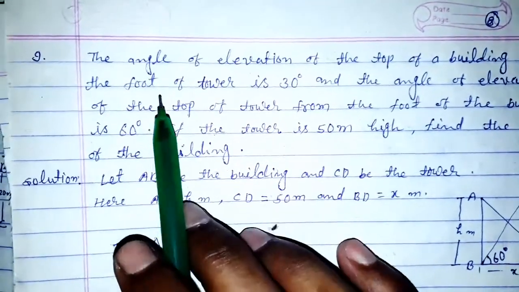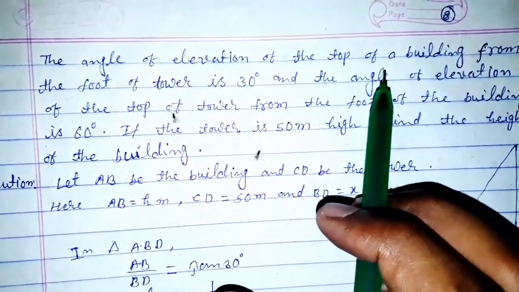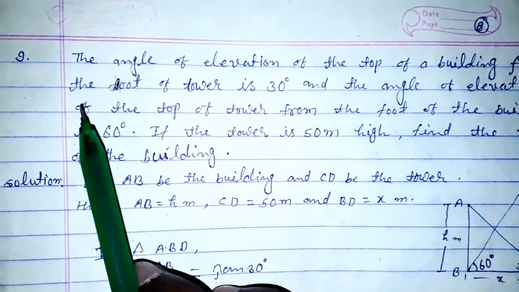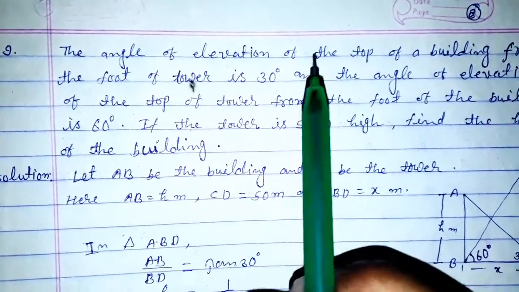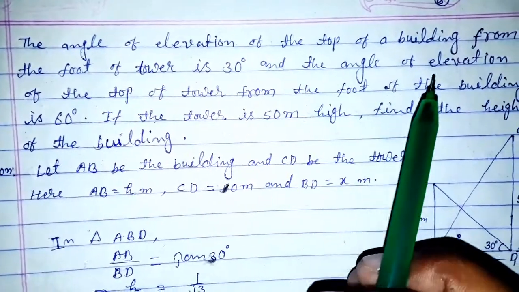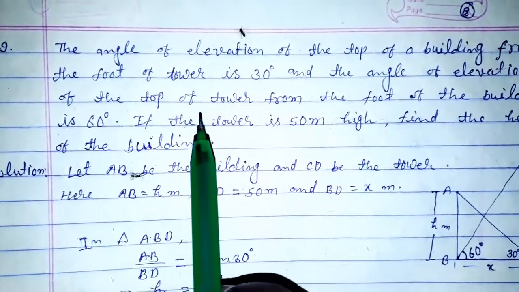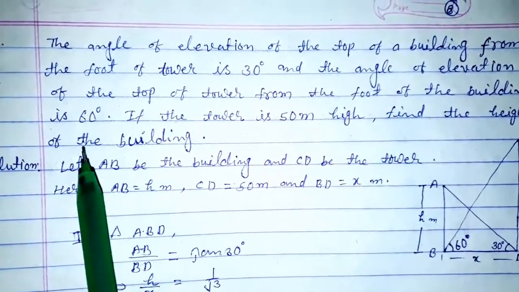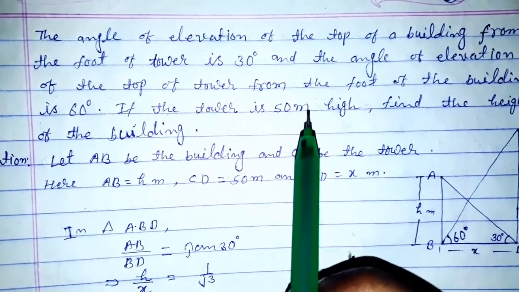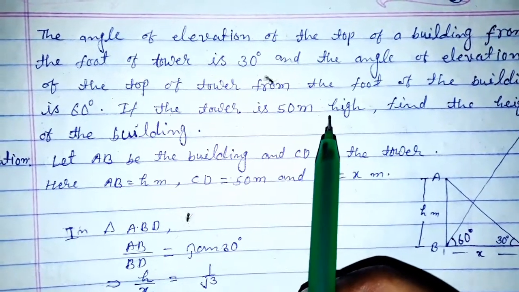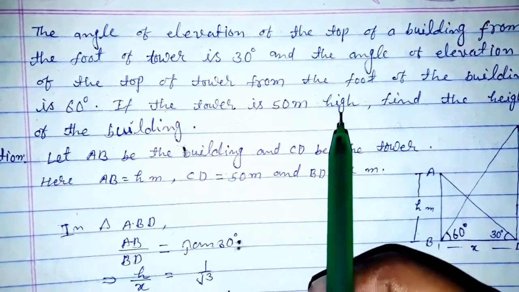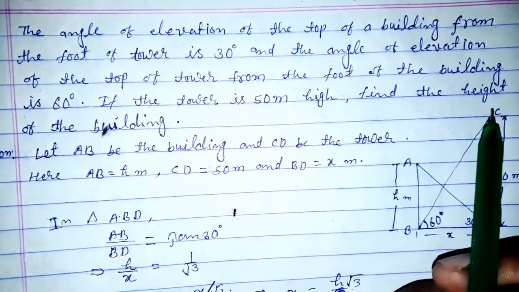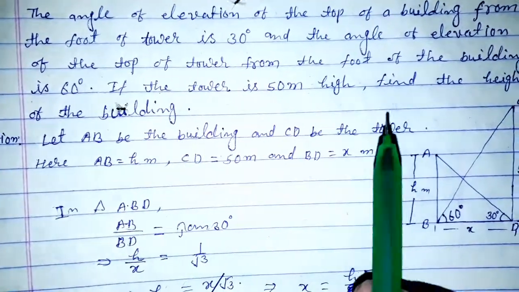Ninth question. The angle of elevation of the top of a building from the foot of a tower is 30 degree, and the angle of elevation of the top of the tower from the foot of the building is 60 degree. If the tower is 50 meter high, find the height of the building.